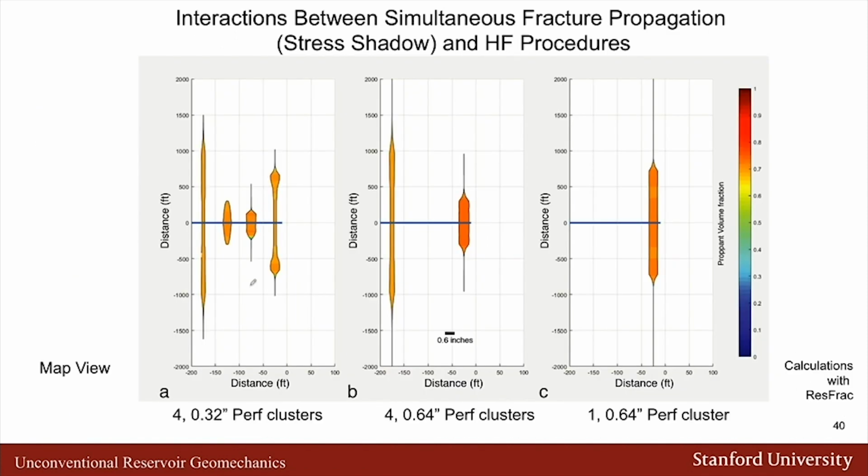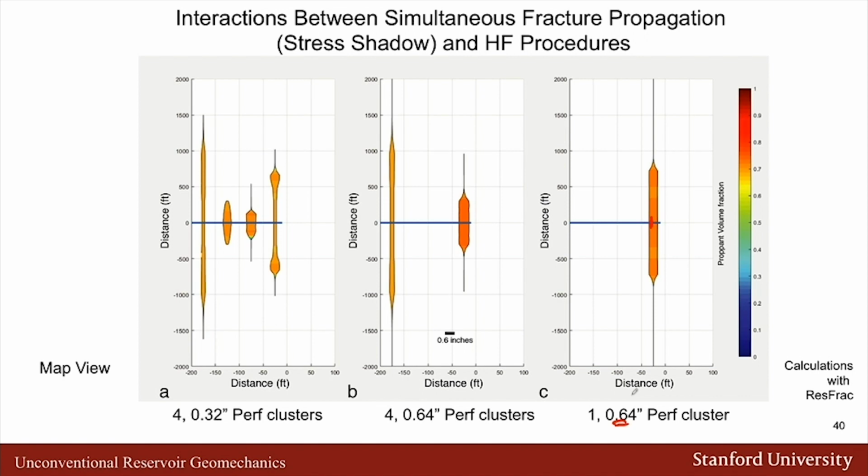This is a map view of a simulation that's done with a commercial software package, a hydrofrac and reservoir simulator known as ResFrac. Let's start on the right. On the right, there's one perforation cluster, and it has 0.64 inch diameter perforations.